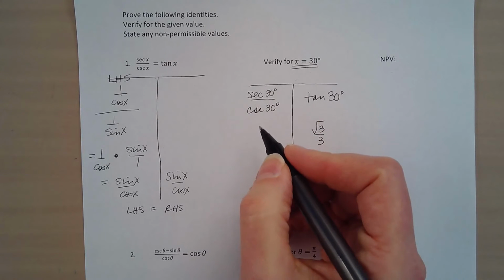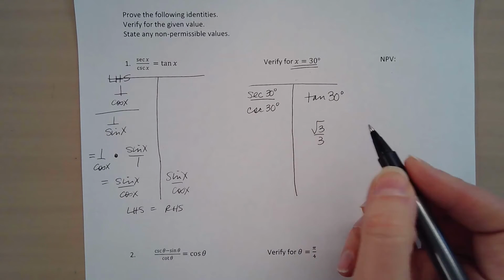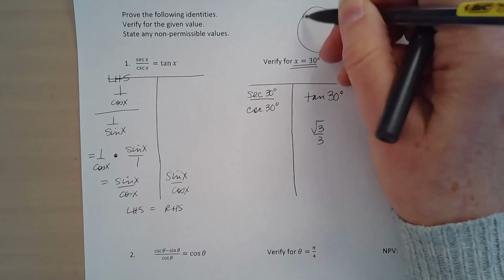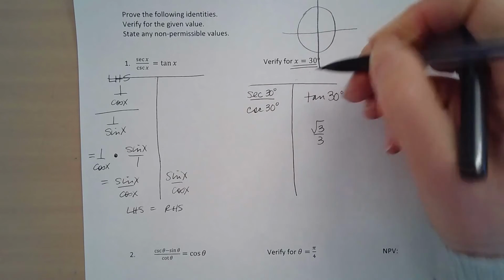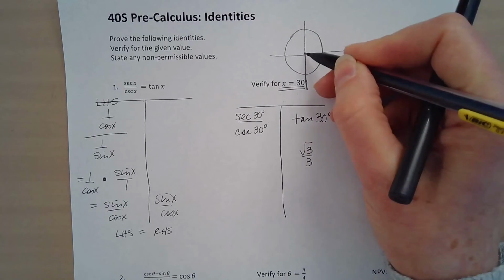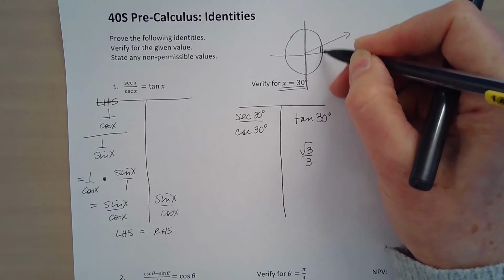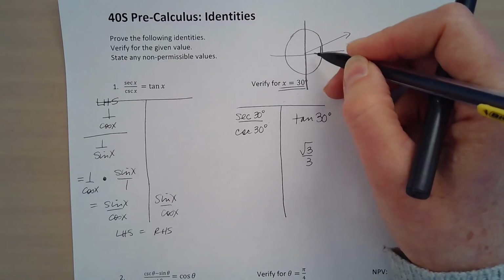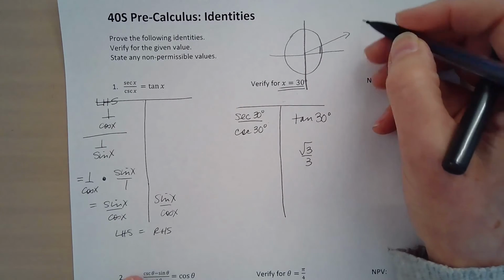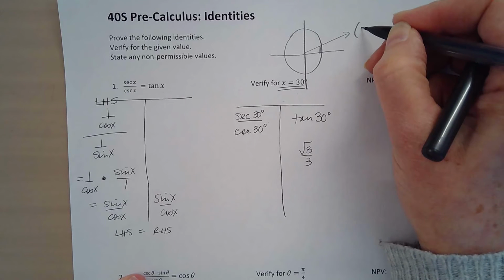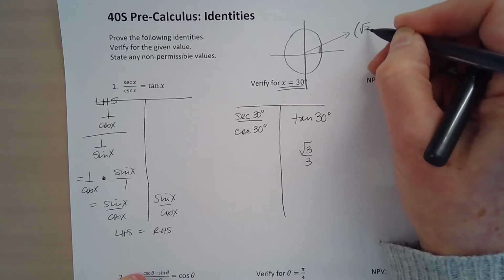Well, let's see. Secant of 30 degrees. You might have to think in your head, asking for a reciprocal function is kind of hard, right? But 30 degrees is that long, low, skinny triangle. This is where cos is bigger than sine.